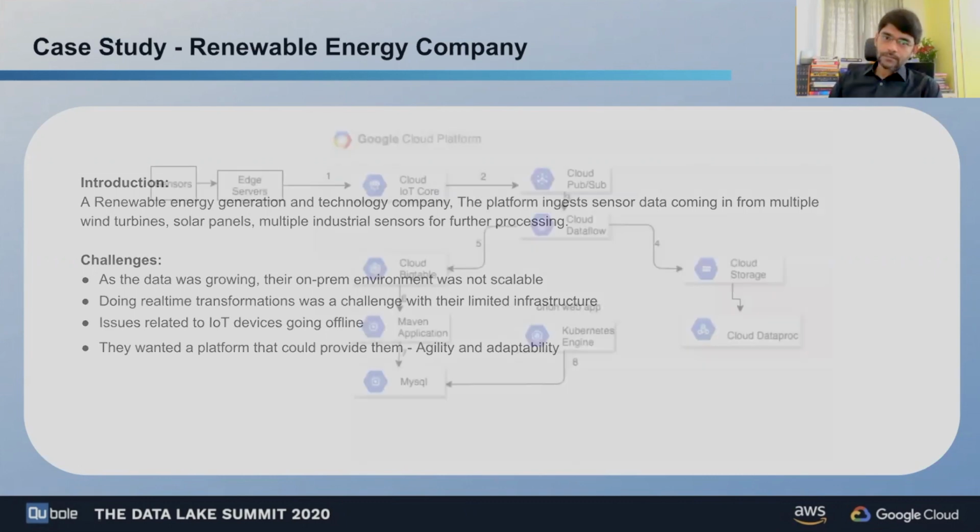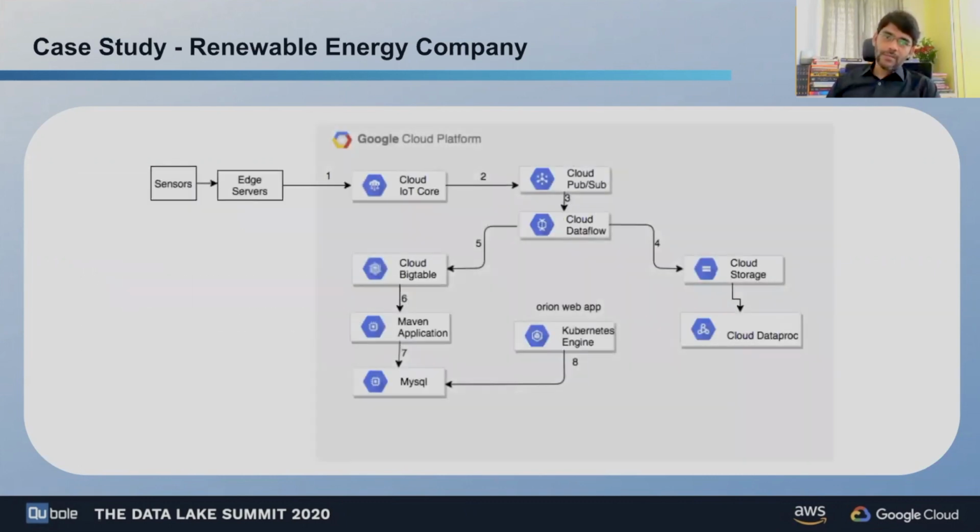So we ended up migrating them to Google Cloud Platform. Sensors sending data, edge servers, because first the data goes to the edge server, which is on the site, and then it comes to Cloud IoT Core, which is the managed IoT platform on Google Cloud.